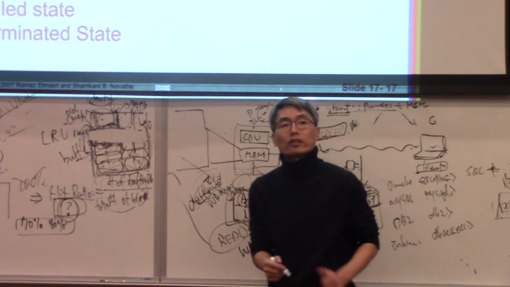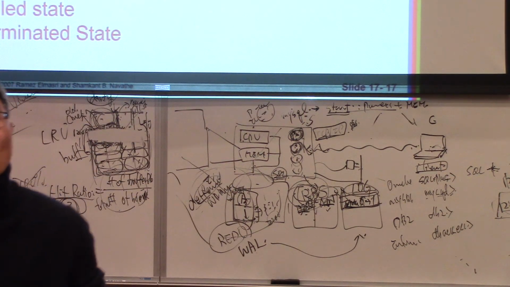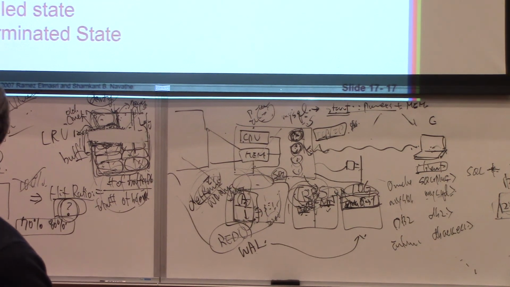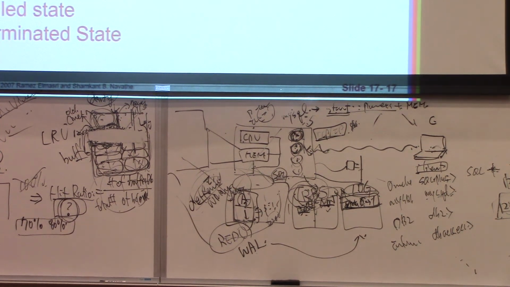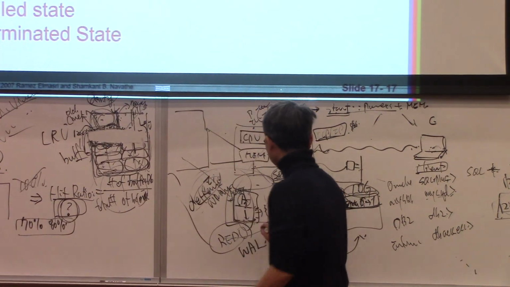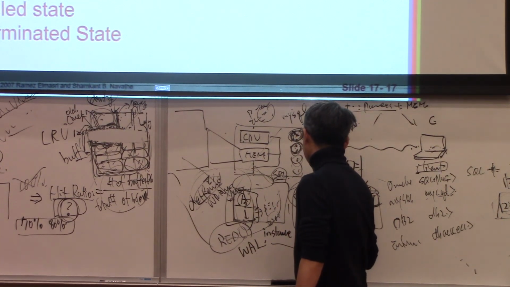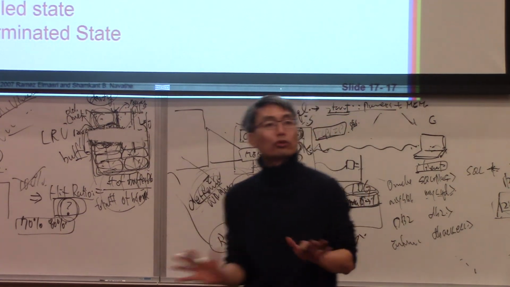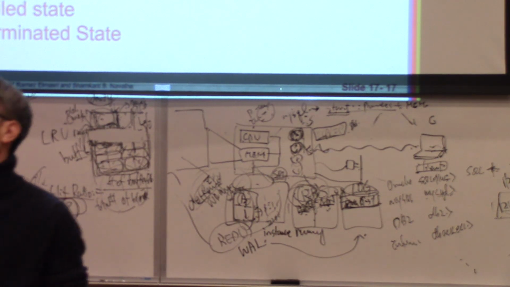Redo is supposed to be applied, but it was not applied because of the deferred writing. Using the log, you can recover such a transaction. This is called instance recovery. Even though you do not explicitly restore the system, it is instantly a recovered system.